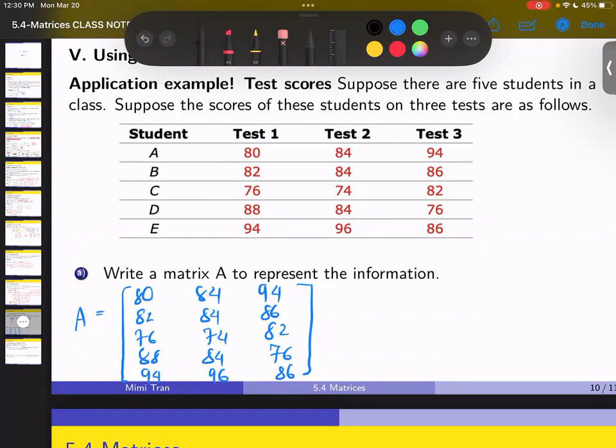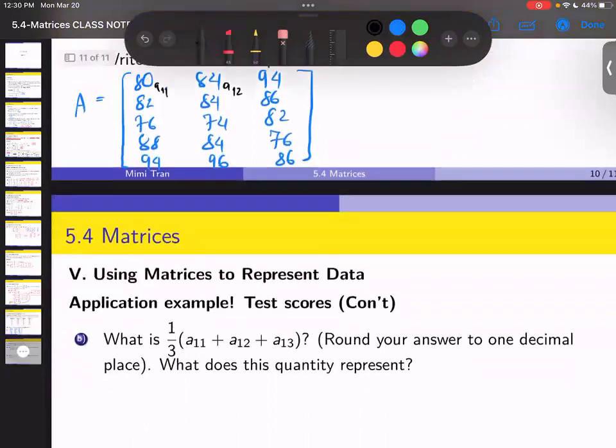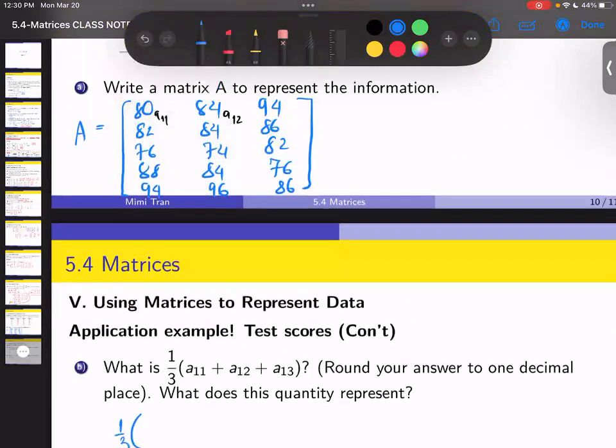Where the first one is my A11, right? A12, etc. Your position, your location of each entry. So that's part A, that's easy. Now part B, what is 1/3 times A11 plus A12 plus A13? Well, A11, A12, A13 are these guys.